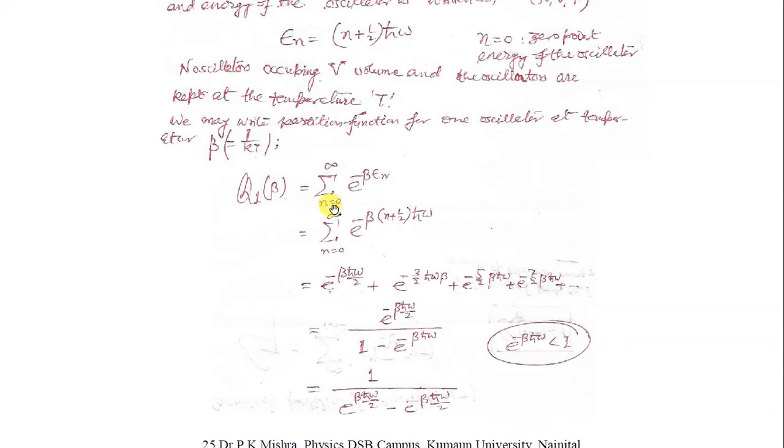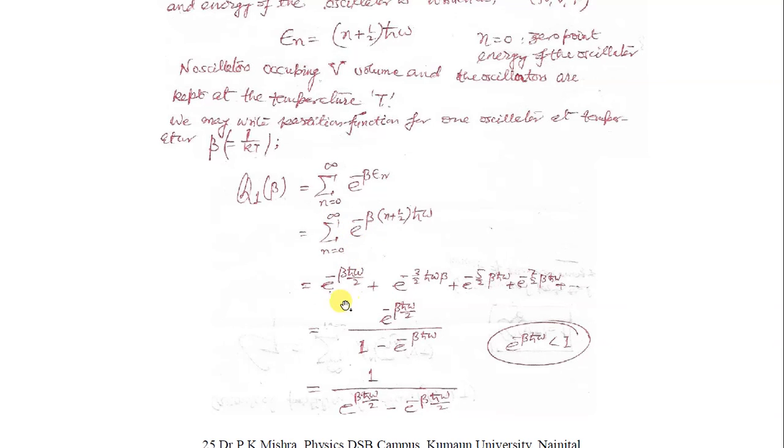It is nothing but the sum of Boltzmann weight of this oscillator for all possible values of energy states accessible to your oscillator. e power minus beta E_n is given here. You are substituting possible values of n, ranging from 0 to infinity.